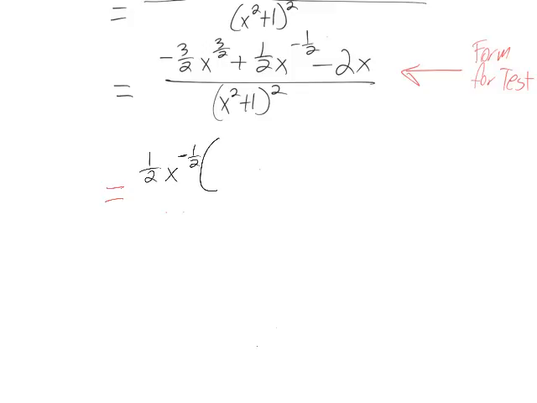On the first term, we're doing negative 3/2 divided by 1/2, which is the same thing as multiplying 3/2 by 2. So that gives you a negative 3. And then when you divide the x to the 3/2 and x to the negative 1/2, you subtract the exponents. So 3/2 minus a negative 1/2 gives me x to the 4/2 or x squared.